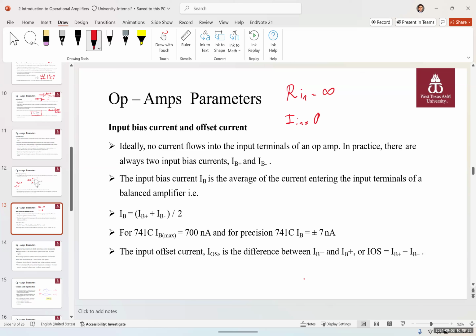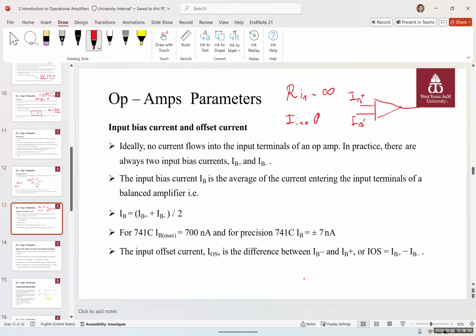So in an ideal op amp, there should be no current flowing through the op amp, but in the real world, we have some currents flowing into the positive and the negative inputs, which are called the input bias positive and the input bias negative current.